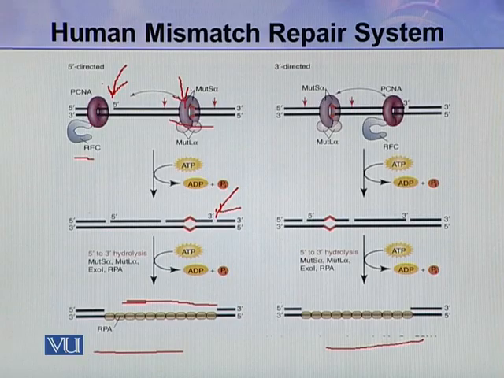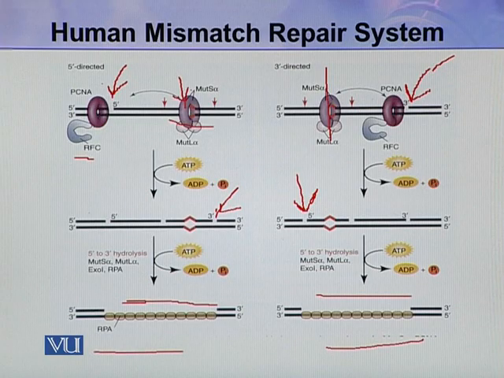Similarly, here you can see this is 3' directed mismatch repair. So the mismatch is present here and a nick is present on the 3' side. In this way, a new nick is introduced on the 5' side, and then this is hydrolyzed from 5' to 3' direction in the presence of MutS alpha, MutL alpha, Exo1 and RPA.